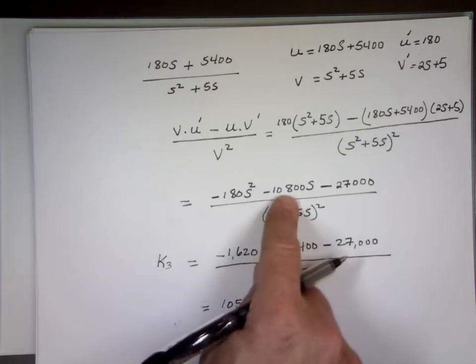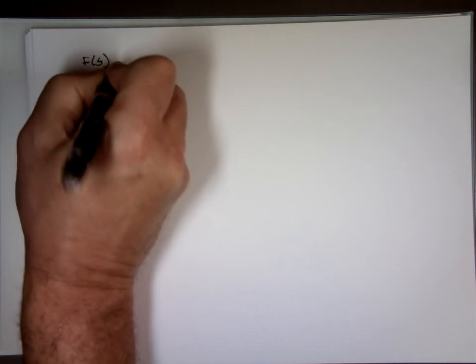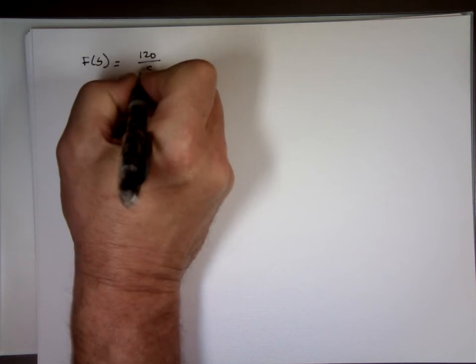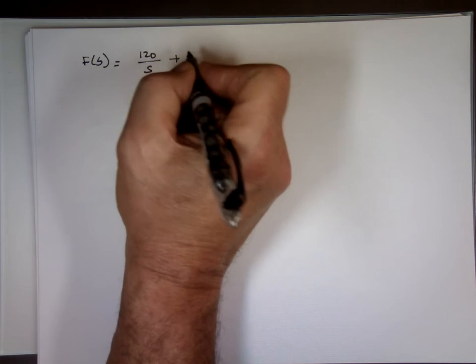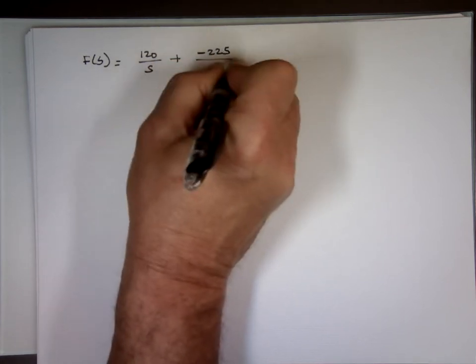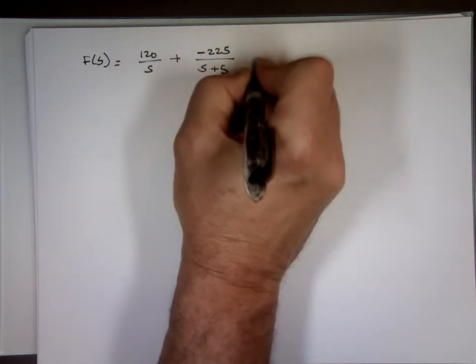So now we get all the pieces. So here's my answer. F of S equals, what was K1? 120 over S. K2, what was K2? That's negative 225 over S plus 5. What was K3? I just found K3.